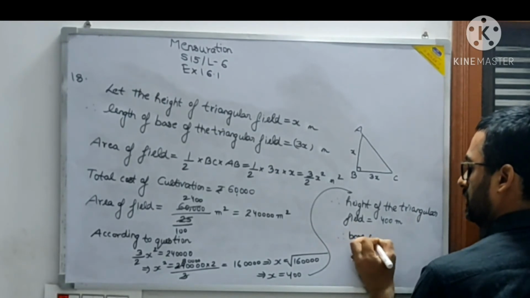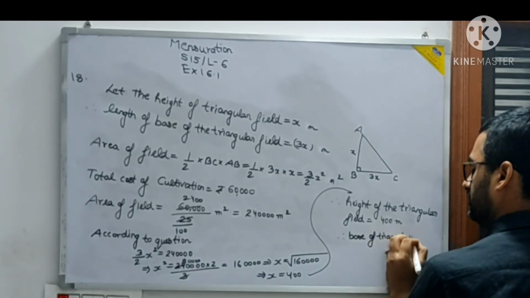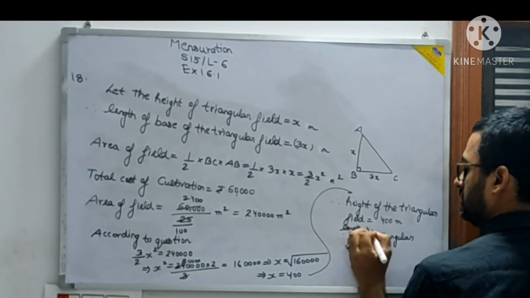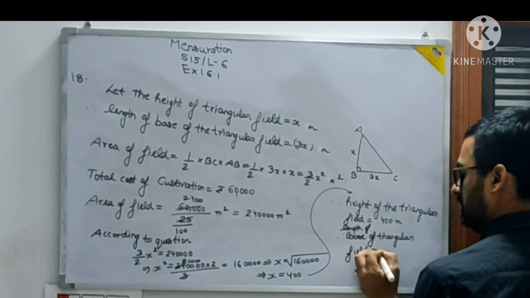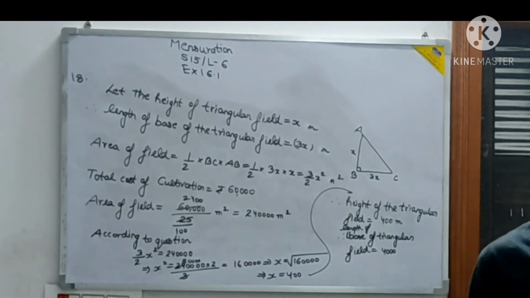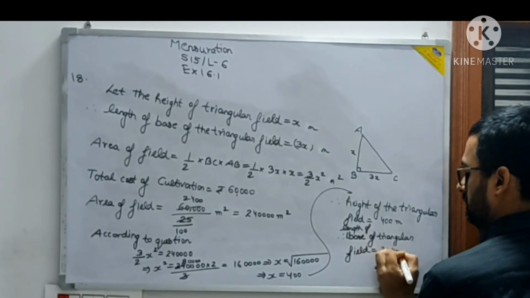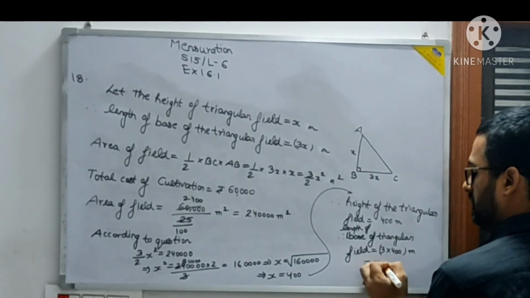Base of the triangular field, or length of base. Length of the base of the triangular field is equal to 400 into this 3x, means 1200 meter.